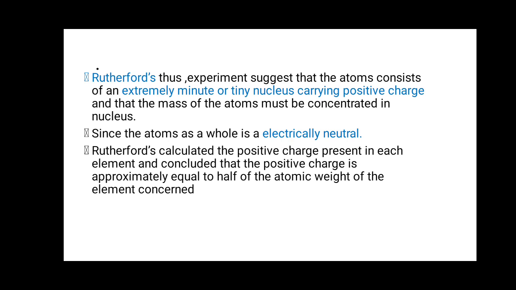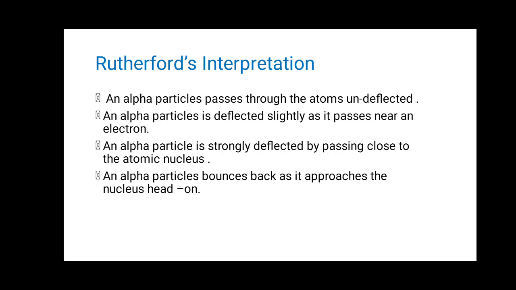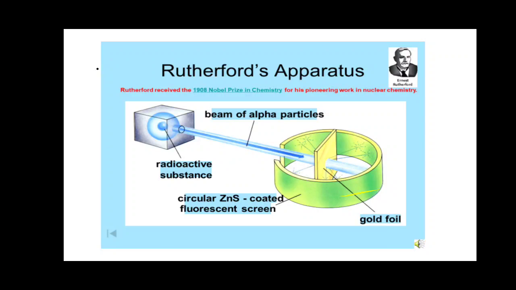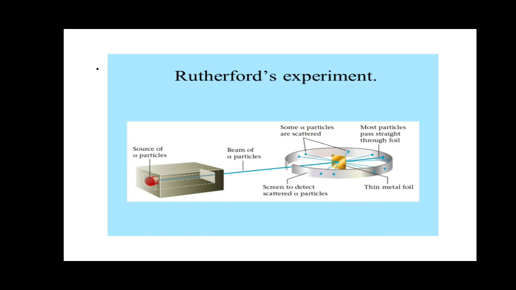In Rutherford's experiment, he took an alpha source of alpha particles. He bombarded the alpha particles on a gold foil coated with fluorescence material.